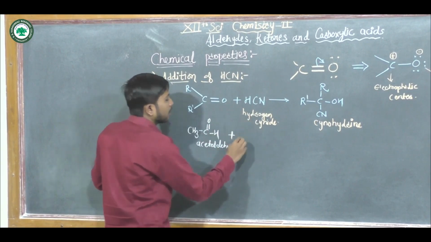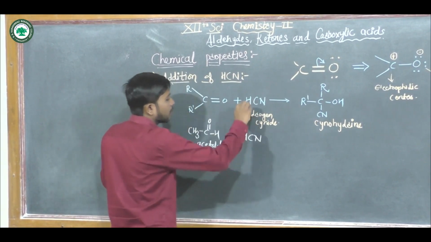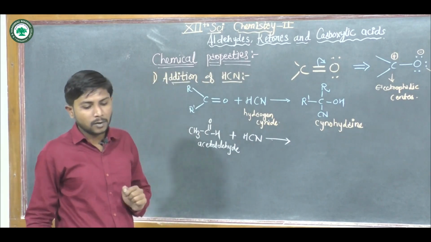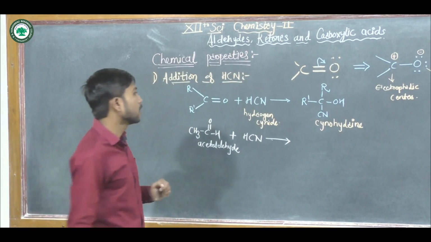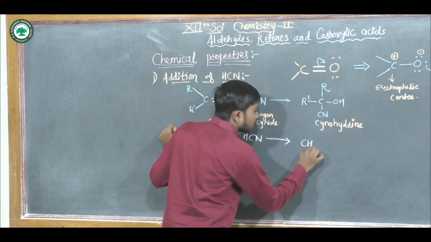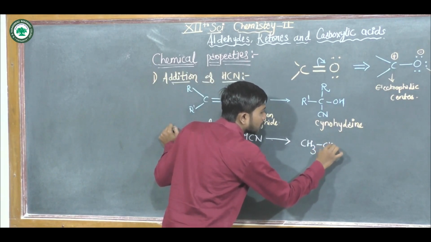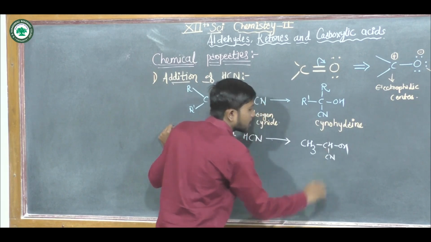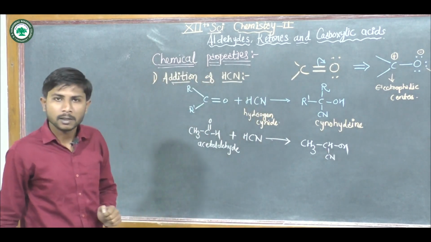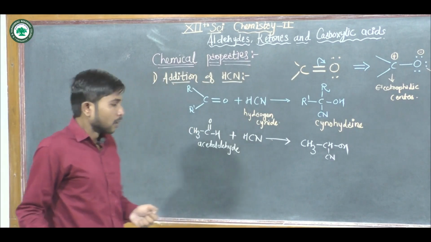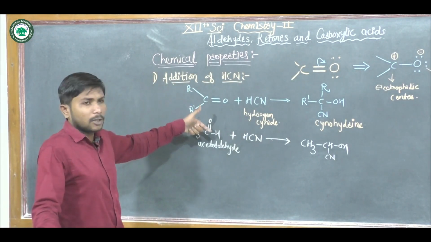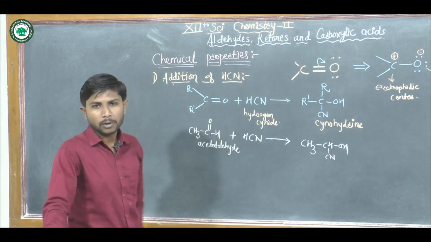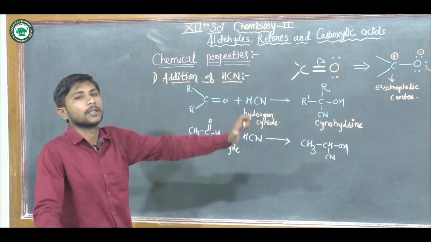When it is added with hydrogen cyanide, it gives acetaldehyde cyanohydrin, CH3 CH with this OH and this CN. Likewise, these are the same kind of reaction. If you take acetone, the product will also be a cyanohydrin derivative.